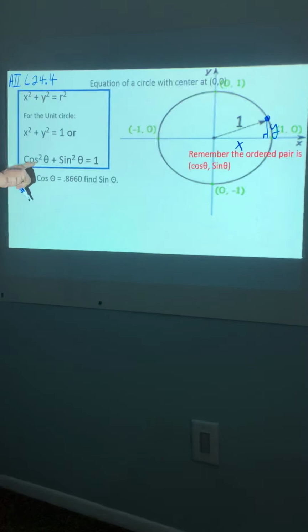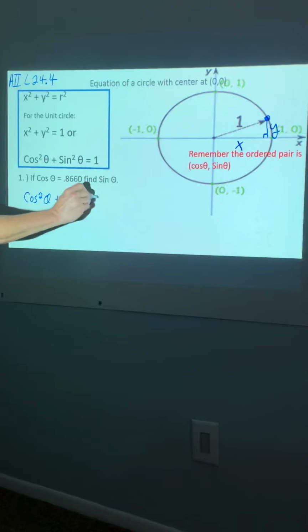All you got to do is write this formula, and that is cosine squared theta plus sine squared theta equals 1. You're going to take the value they gave you for cosine of theta, 0.8660, and you're just going to plug it in. What really irritates people is they see that kind of like an English word there, that cosine, and they're like, what the heck?